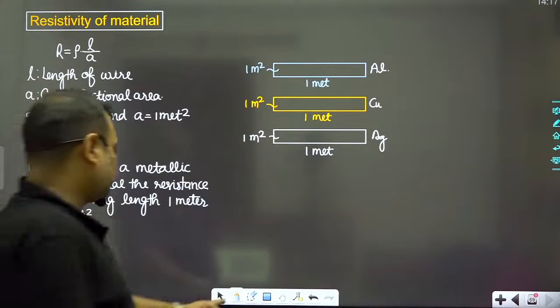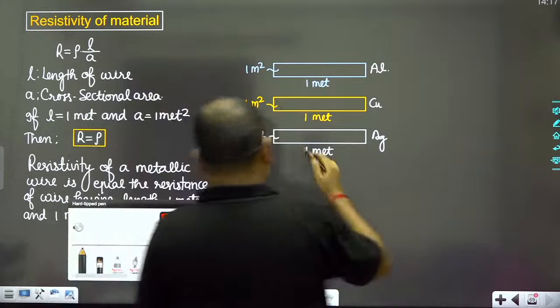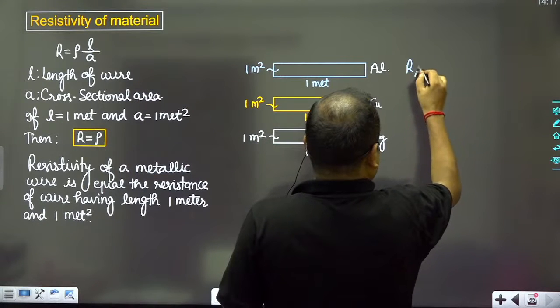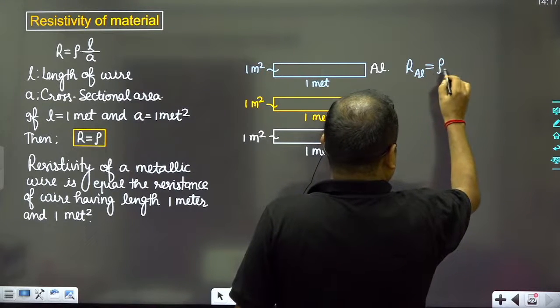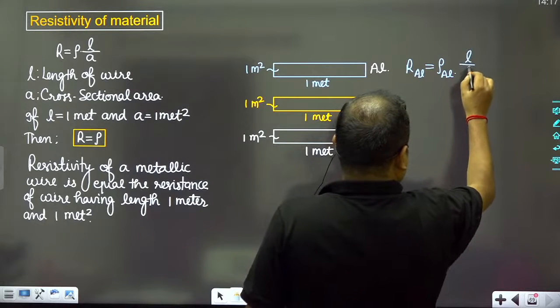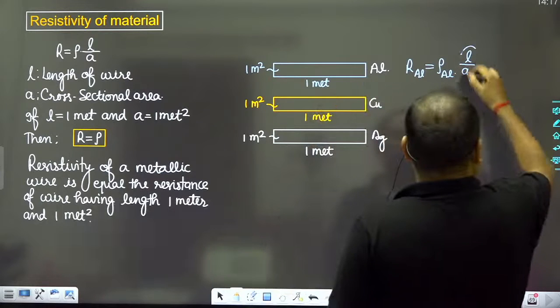Length of all these wires is this. So we will write the resistance with this formula. Resistance of aluminium, R Al, will be equal to resistivity of aluminium into length upon area, and both of these quantities are equal to 1.